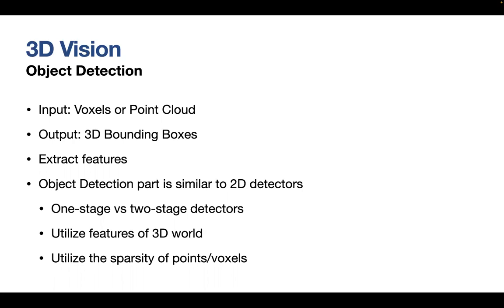In most cases, we can just group all the points together, because usually the objects are not so close to each other. For example, if you have many chairs, we can probably just use a k-nearest neighbor algorithm to separate the chairs from each other. So we can utilize the sparsity of the points, the sparsity of the voxels.